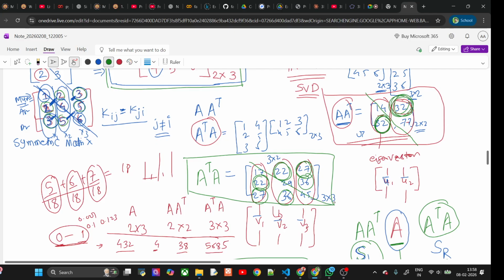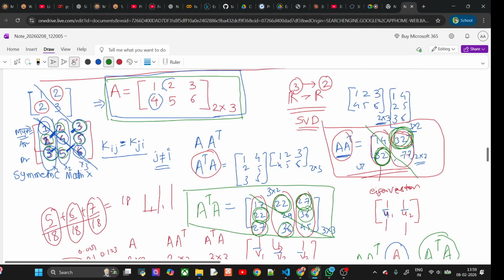Because now I have a symmetric, square matrix, these calculations are easy, as all have equal dimensions. I'm not talking about the actual calculation, which is basically 2 cross 3, but they are now symmetric matrices, easy to evaluate.